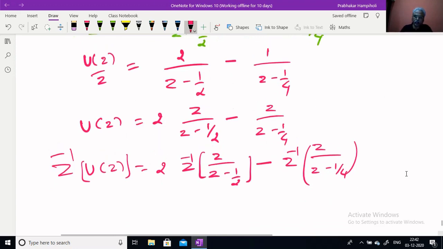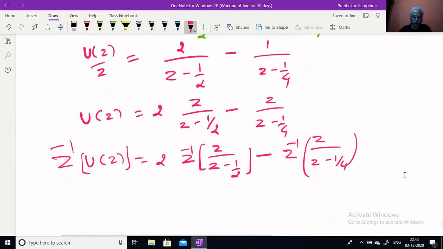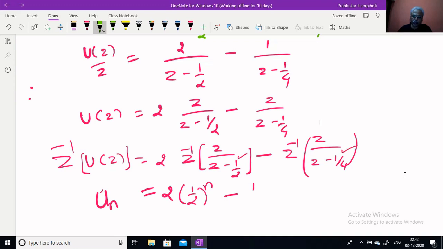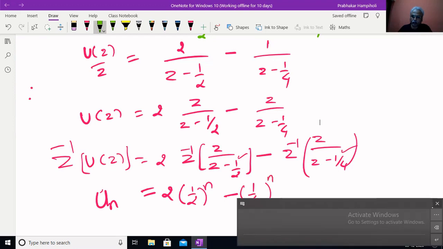Can you help me to write that n function? Corresponding to this, we are going to get some u n function which is equal to 2 times, because of this half we will get half raised to n here, minus of, because of 1 by 4 we are going to get 1 by 4 raised to n.